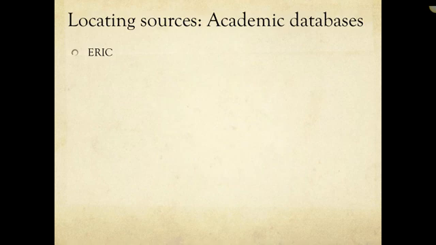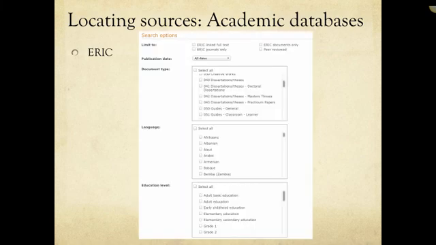Okay, so how do you find those scholarly sources? Hopefully at this point in the program you are pretty familiar with academic databases that are available through the library. I have put links to a number of them up on Blackboard. The main one for education is called ERIC. I don't remember what the acronym stands for, I'm sorry.